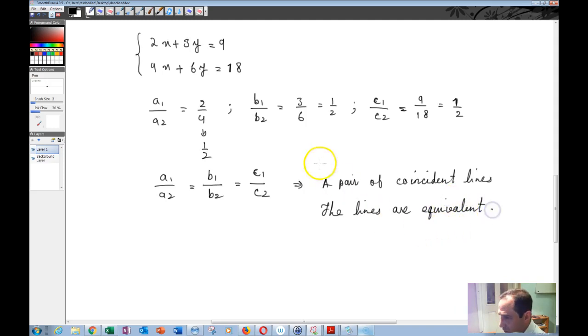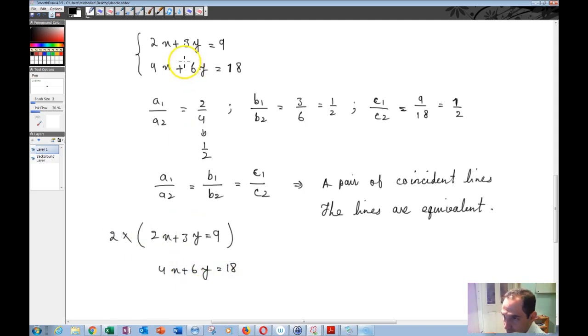Okay, that means that you're basically dealing with the same line, meaning that if you take 2x plus 3y is equal to 9 and multiply it by a factor of 2, you will get 4x plus 6y is equal to 18, which is basically the same thing that you have over here. So what that means is that you have a pair of coincident lines, meaning that you have infinitely many solutions.